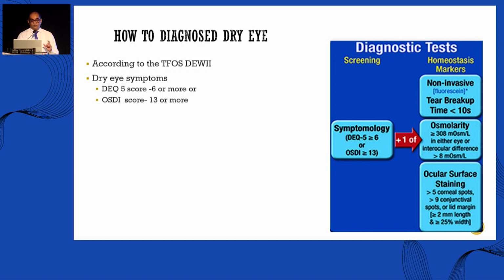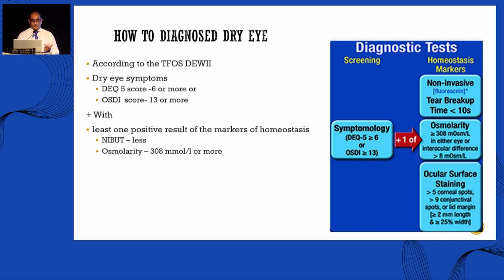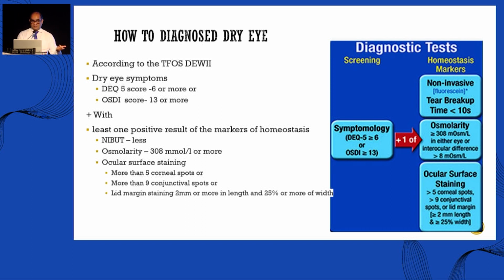With that, you need at least one positive result of a biomarker of damage to homeostasis of the tear film, that means tear breakup time, osmolarity, or ocular surface staining. If one of these is present, then you can diagnose that the patient has dry eye.